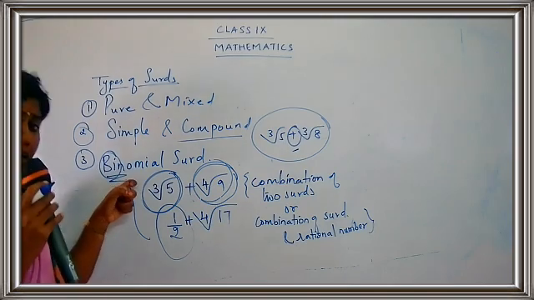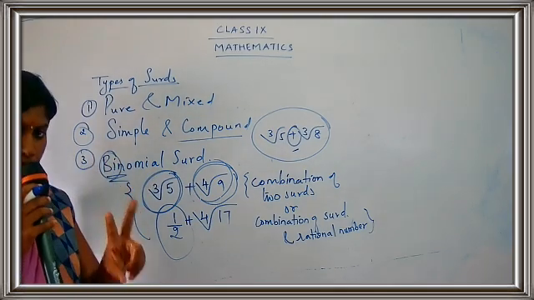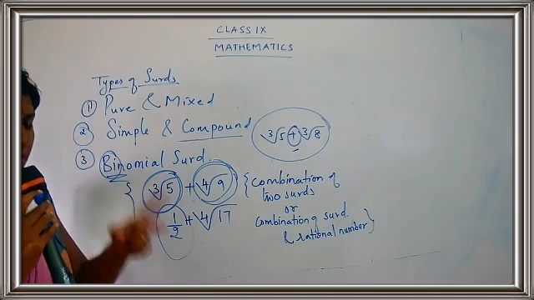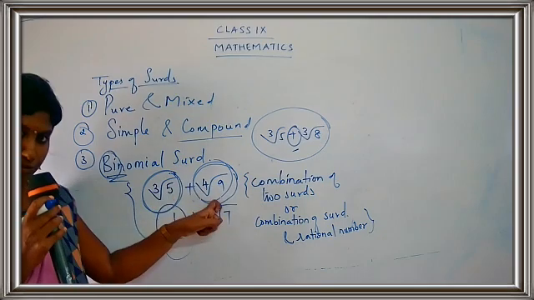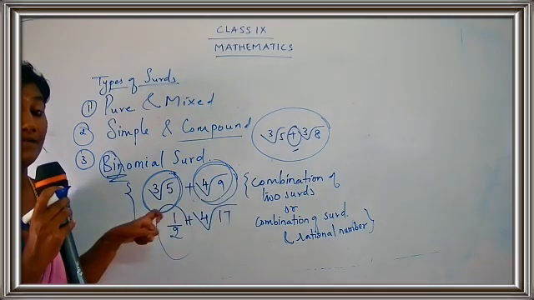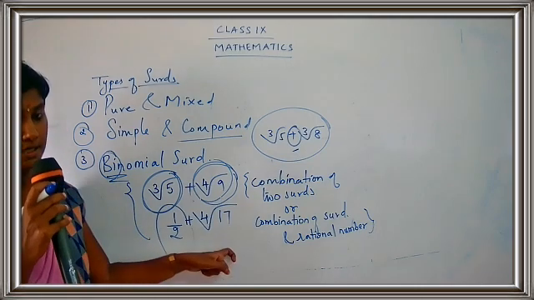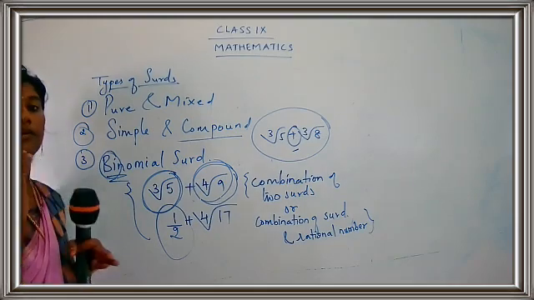What is the meaning of binomial surd? In a binomial surd, you will have two terms. Bi means two. So you will have two terms which will be a combination of two surds. You may have two surds together, or you may have a rational number and a surd. What is the meaning of surd? A surd is an irrational root of a rational number.